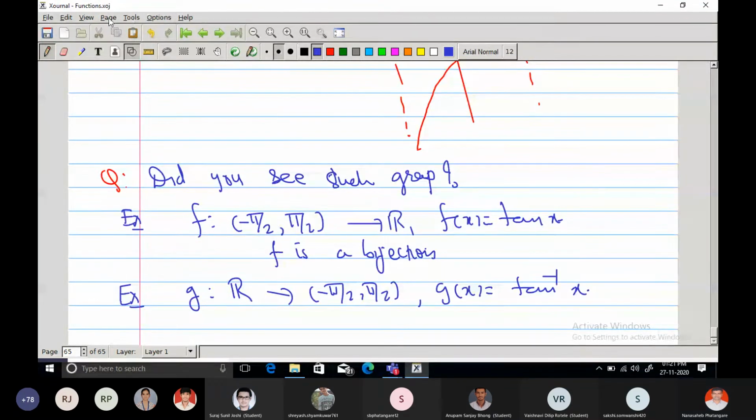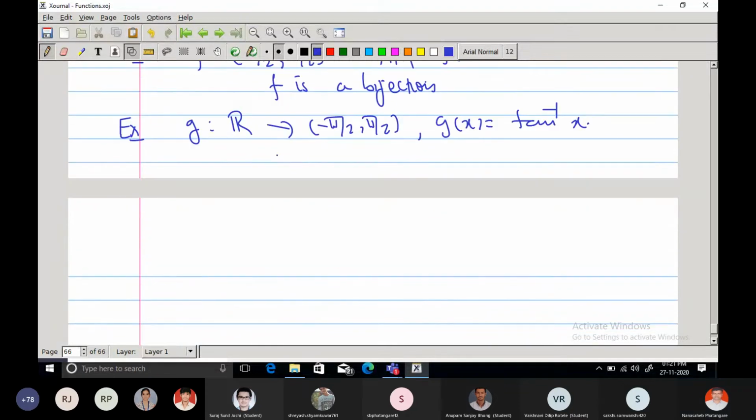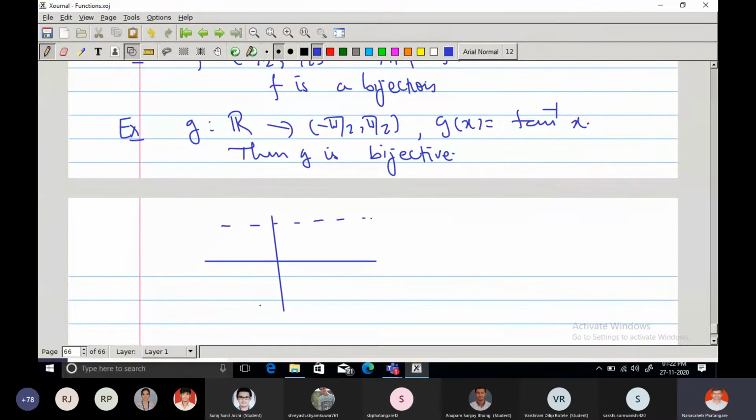Then g is a bijection. G is a bijective function, and if you observe the graph of this function, then this is the graph of g, the graph of our previous functions, right?